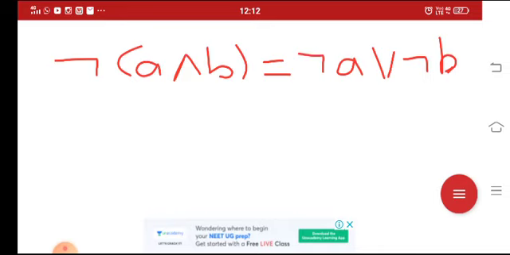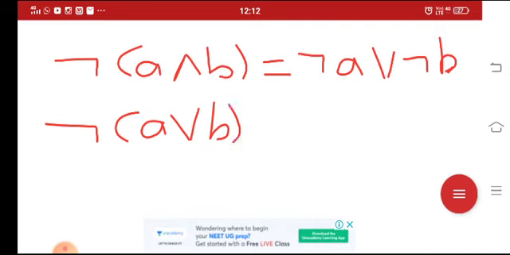This is the first statement from De Morgan's law, and the second statement is negation of A or B will be written as negation of A and negation of B. On the left side, the scope of the negation symbol is for the whole bracket, and on the right-hand side we have lessened the scope of the negation symbol, which is now for separate variables.